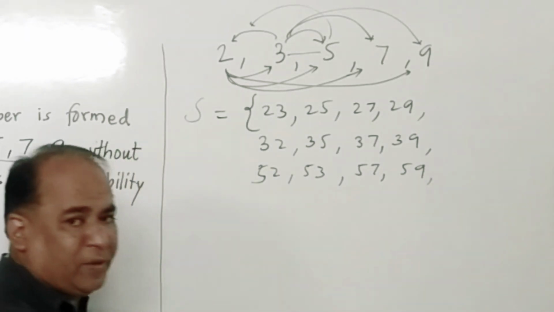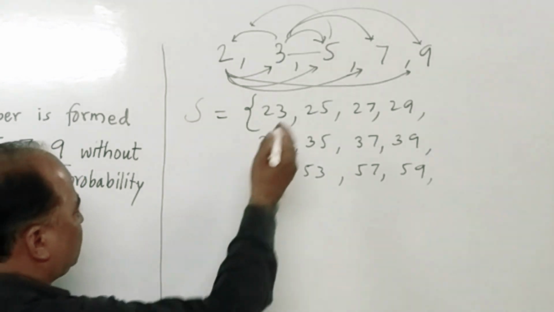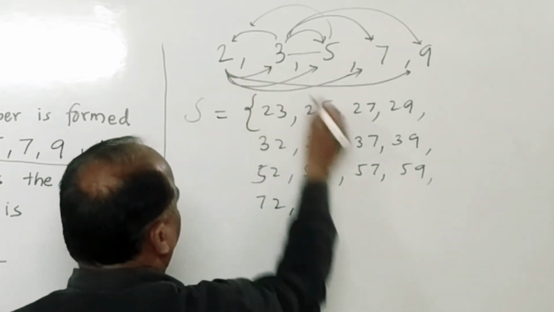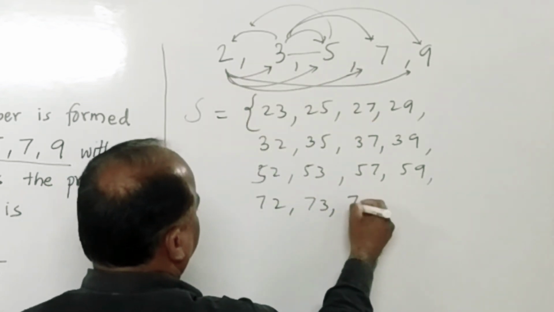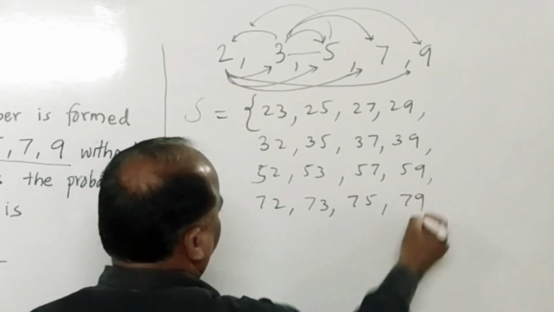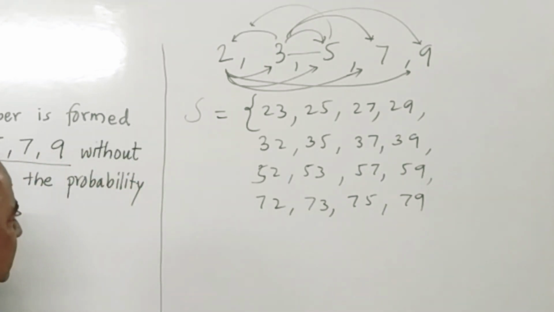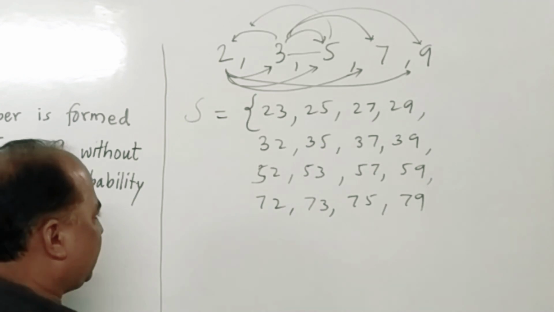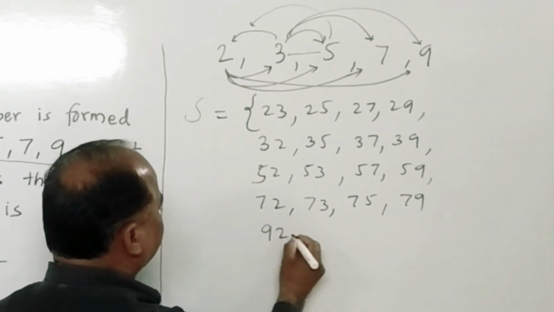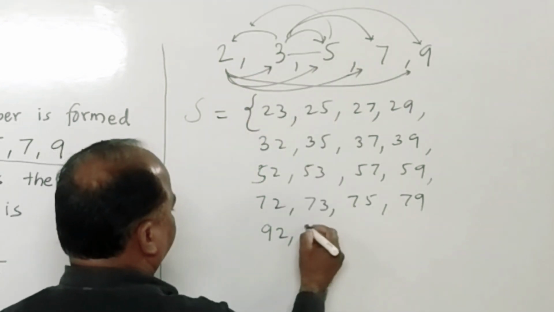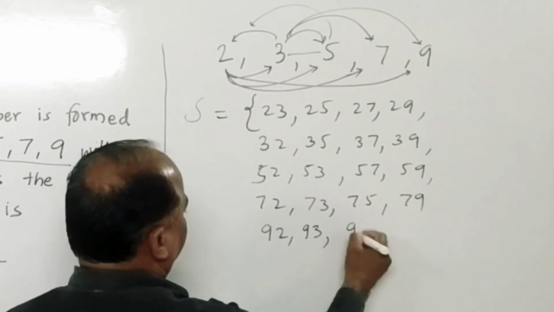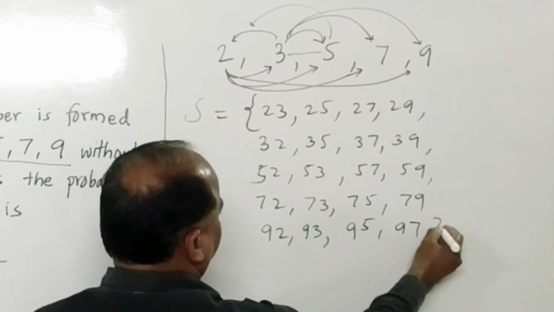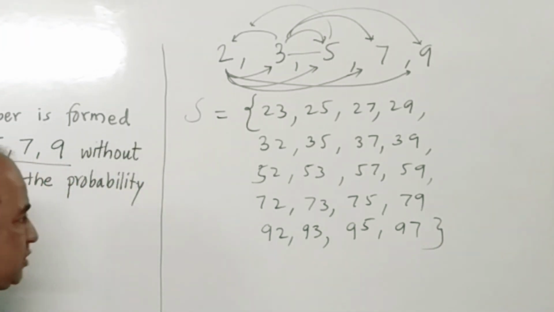Then the next is 7. 7 will go with all the digits: 7, 2, 7, 3, 7, 5 and 7, 9. And last, 9 will group with all the remaining digits, so there is no repetition: 9, 2, 9, 3, 9, 5 and 9, 7. So this is the sample space.